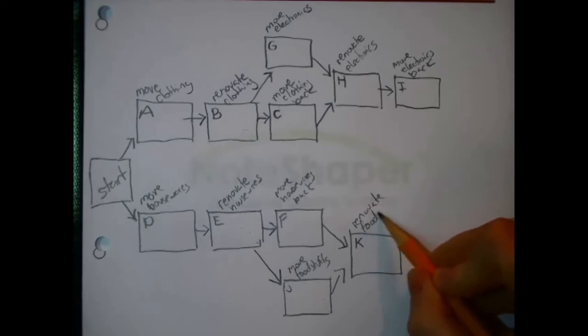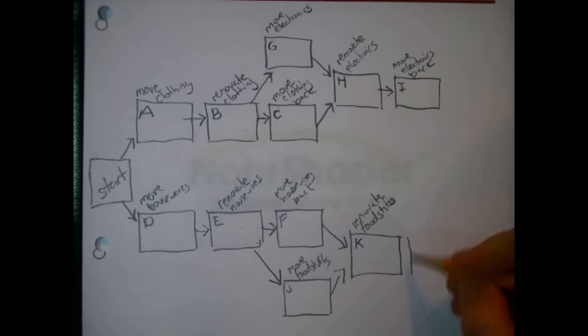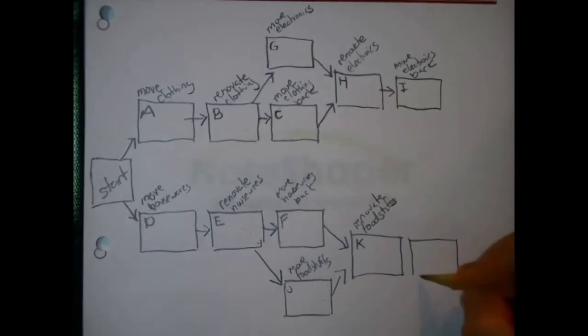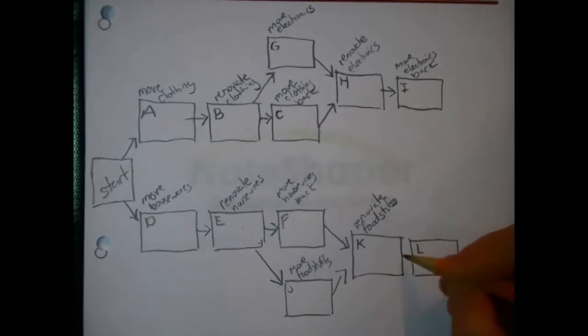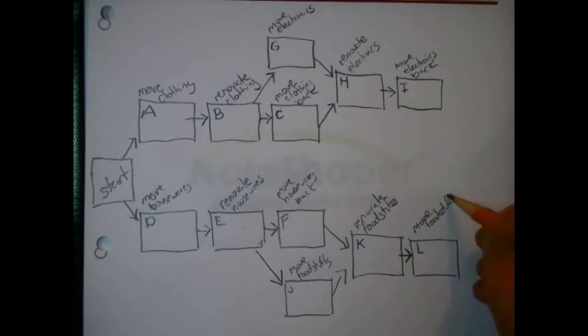Just making a little note to myself. And then finally, on that list, one last item. L has K as an immediate predecessor. Right, when you're done renovating the foodstuff area, you can move the foodstuffs back. Phew, there. Then we're done with the list.